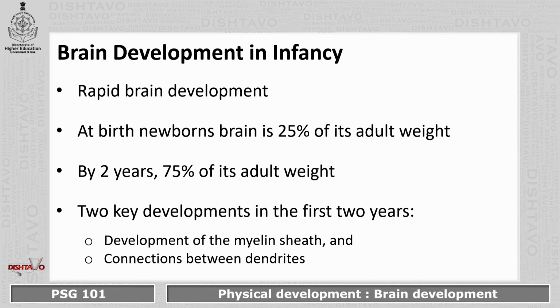Now, myelination is the process of encasing neurons with a myelin sheath, which begins prenatally and continues after birth. The myelin sheath insulates axons and helps electrical signals travel faster down the axon.